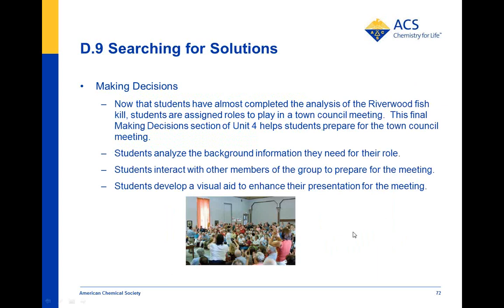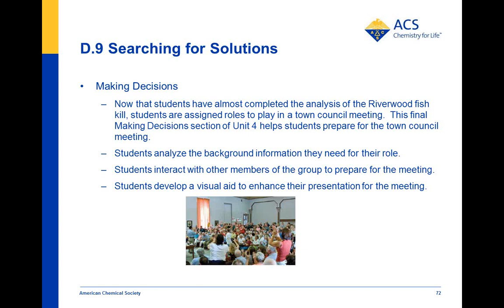And now in this making decisions, students are assigned a role to play in the town council meeting. And so they need to find out what sort of background information they need. They need to know what kind of constituency they represent. What role would their group play? And they have to prepare for the meeting.